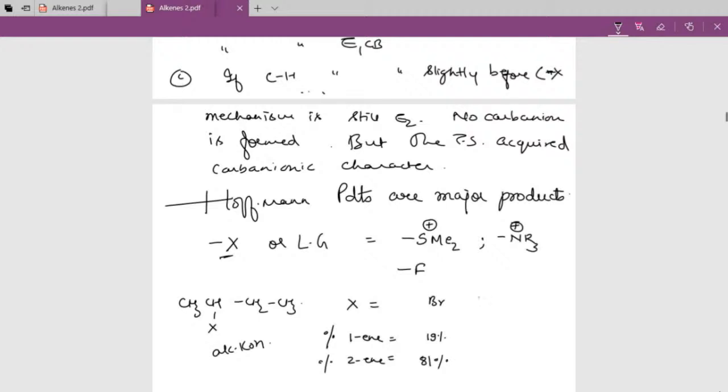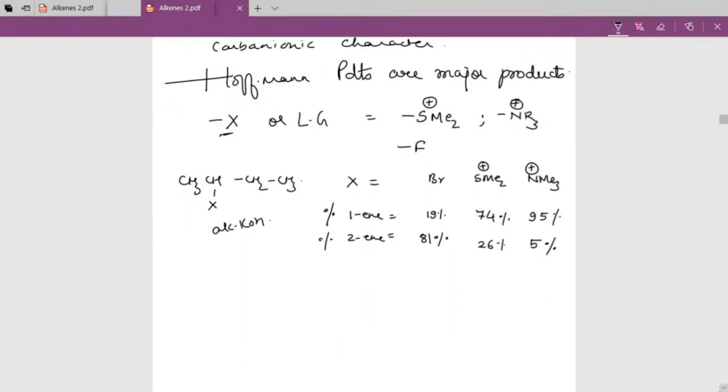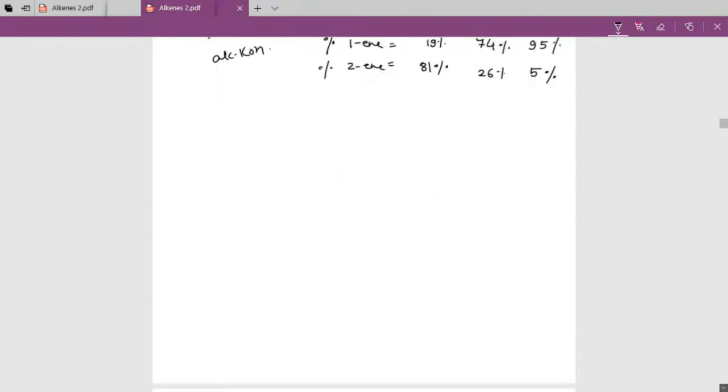If it is SMe2+, then this is 74% and this is 26%. If it is NMe3+, then this is 95% and this is just 5%. So as it is becoming more and more -I, electron withdrawing, the answers are shifting towards Hofmann products.